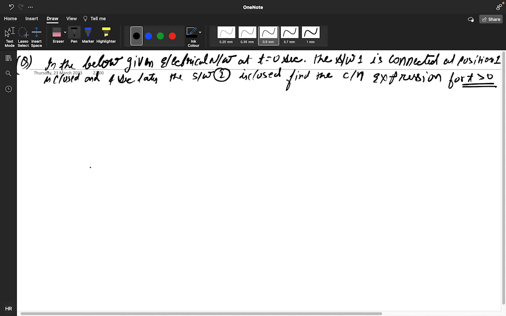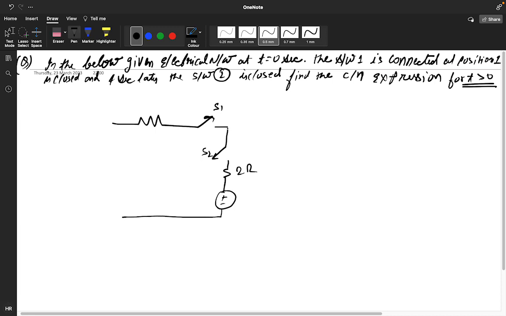This is your circuit, this is S1, this particular one is your S2, this is 2 ohm, this is positive, negative, and this is your inductor L, 5 Henry, and here a 6 ohm is connected.